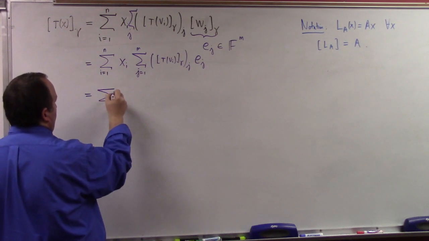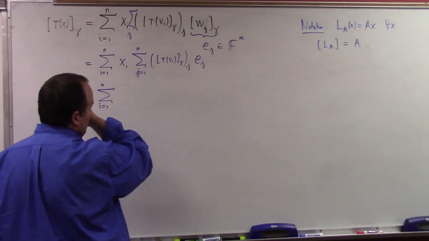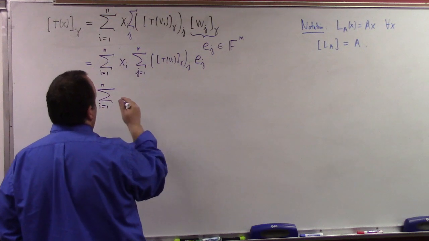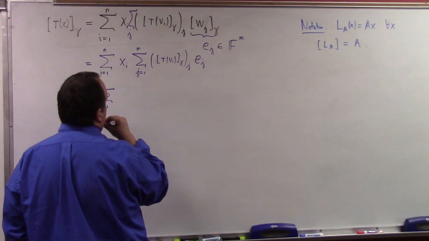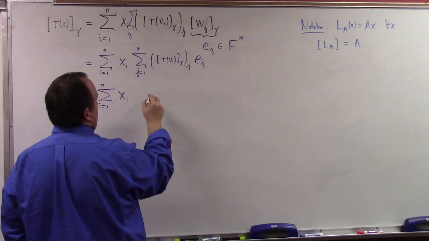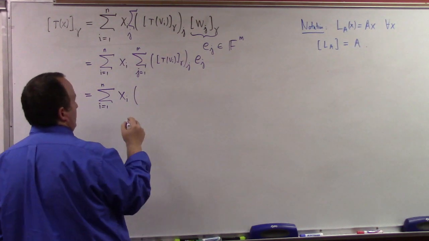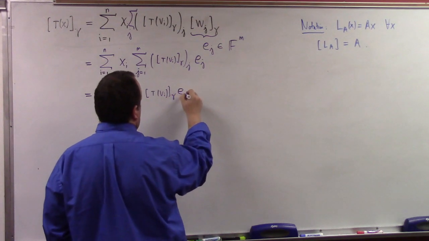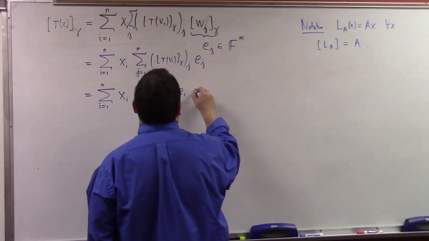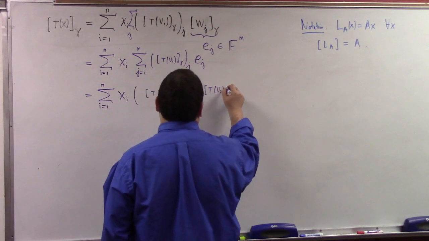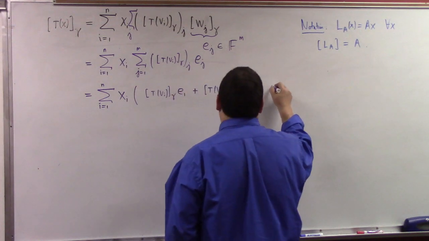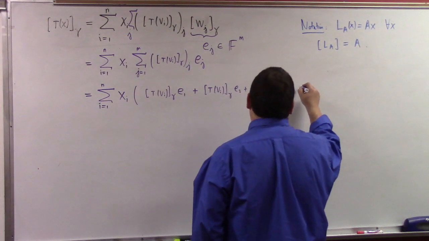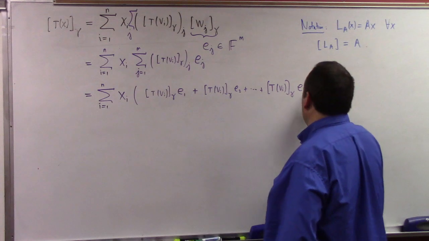We've got the sum i equals 1 to n of x sub i, and then what we're looking at is T of vi gamma E1 plus T of vi gamma E2 plus T of vi gamma E, how many? Em.